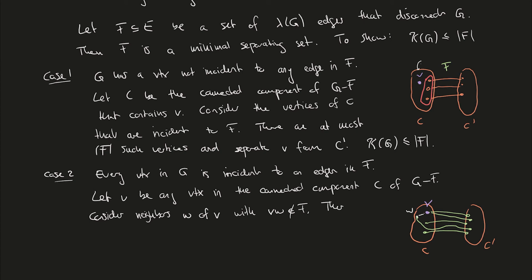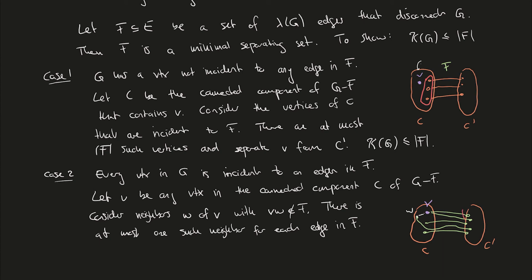So there is at most one such neighbor for each edge in F. So now we can count up the number of neighbors that this vertex V has.